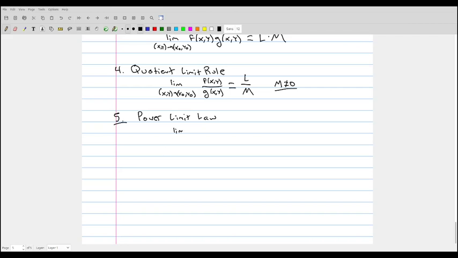If you're taking the limit of the function f raised to the n power, where we'll say that n is a positive integer, the limit as (x,y) goes to (x0,y0) of some function of x and y raised to the power n is going to be equal to just the limit of f raised to the power n.